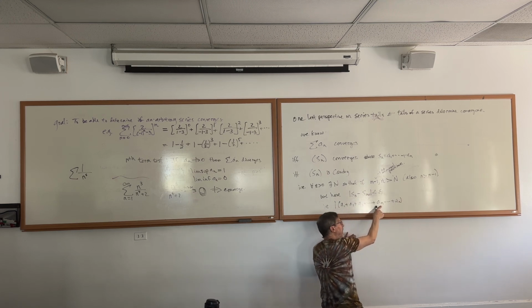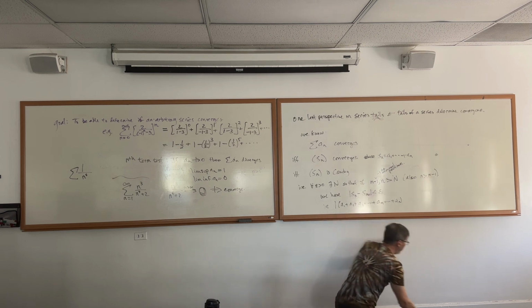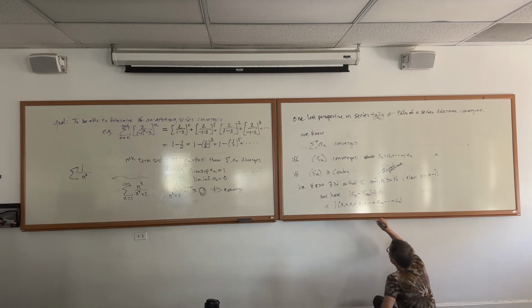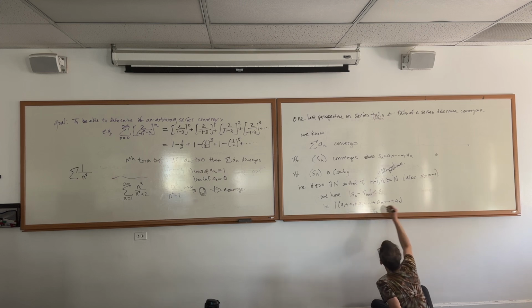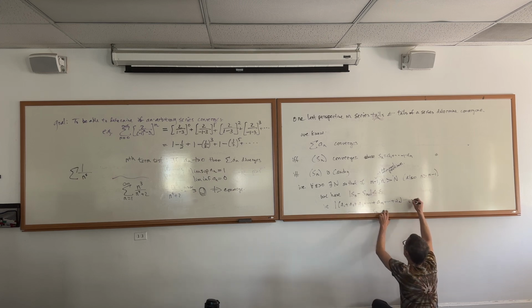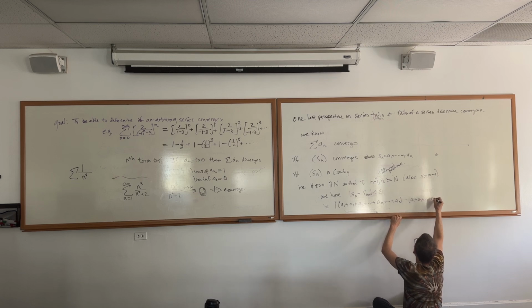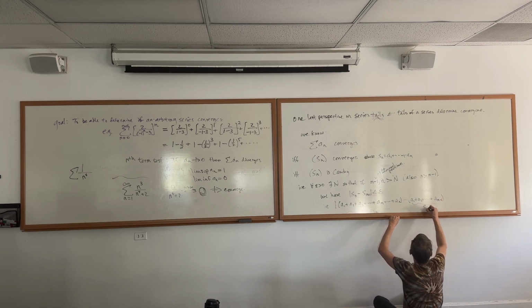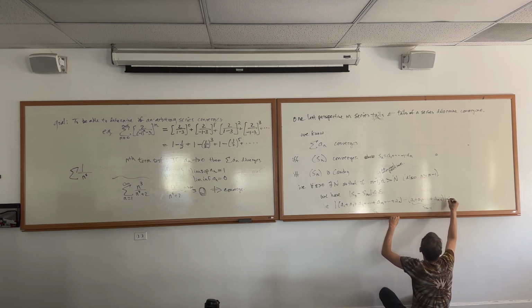Put it in there because it'll help your notes. So this is s sub n right here, and I'm going to subtract off s sub m minus 1, which is a1 plus a2 plus and so on up to a sub m minus 1, and that's less than epsilon.